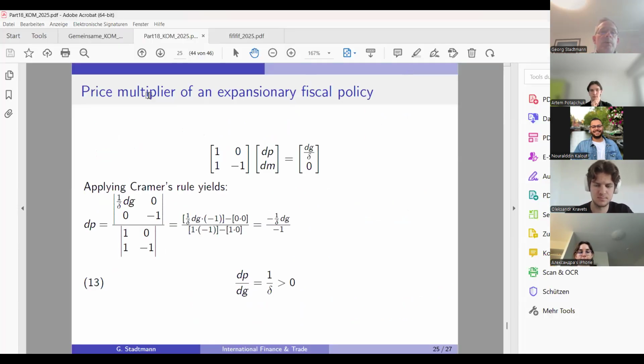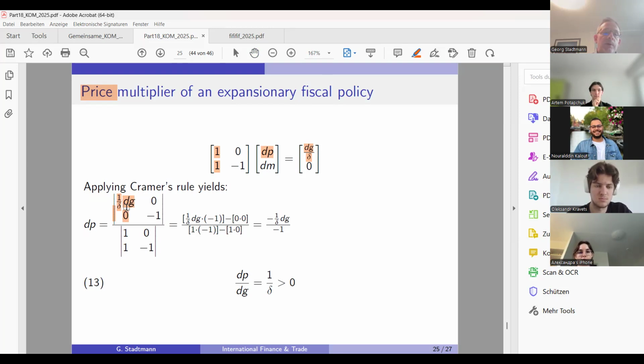We want to compute the price multiplier first. So we have to insert the information from the solution vector into the first column because of the fact that dp is located on the first position. So let's do our computations.